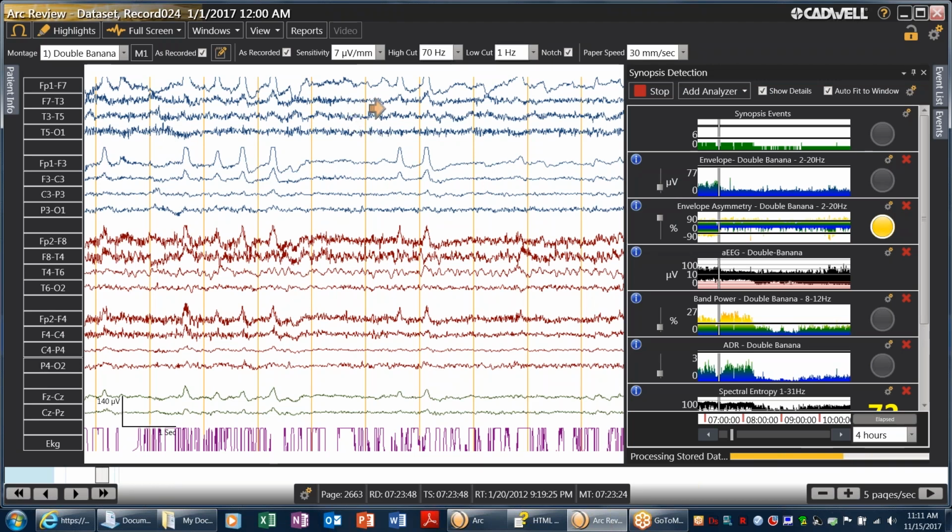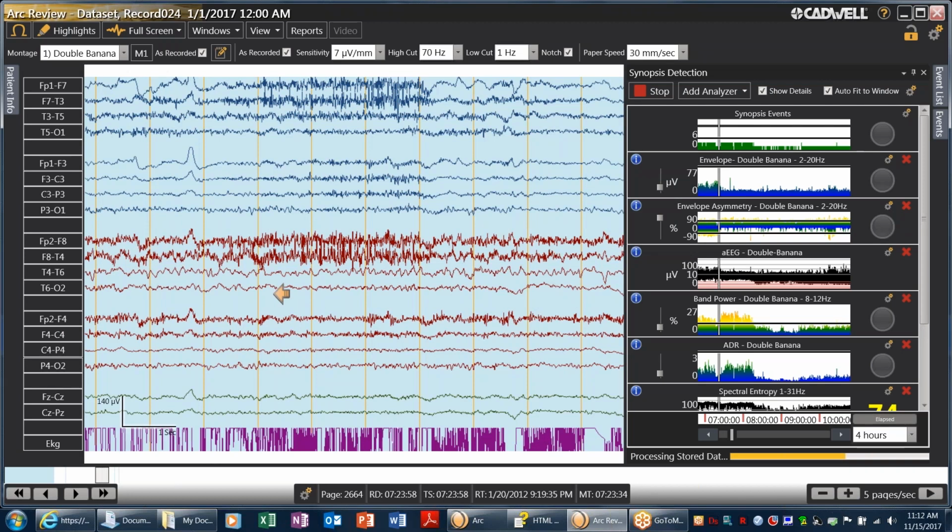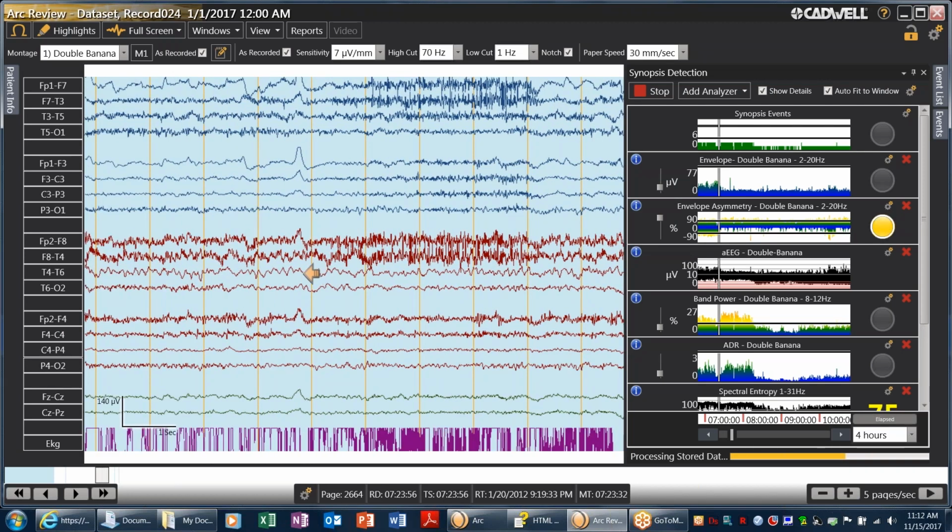So here you really want to compare this top set of leads to this set of leads. This is the two parasagittal chains in the AP bipolar, and here we can see that it looks higher amplitude and maybe even faster on first glance, but you're obscured by EMG a little bit on the left.